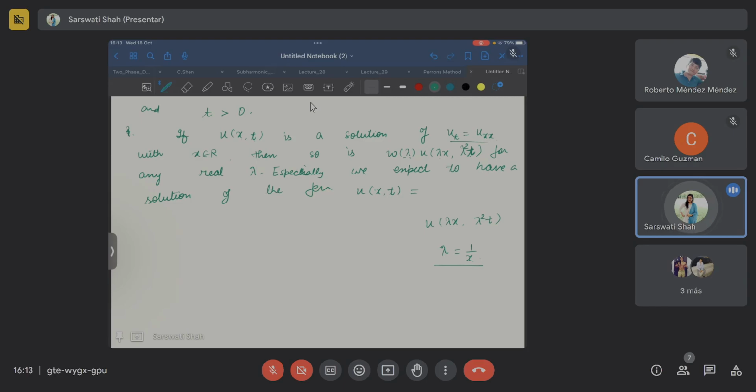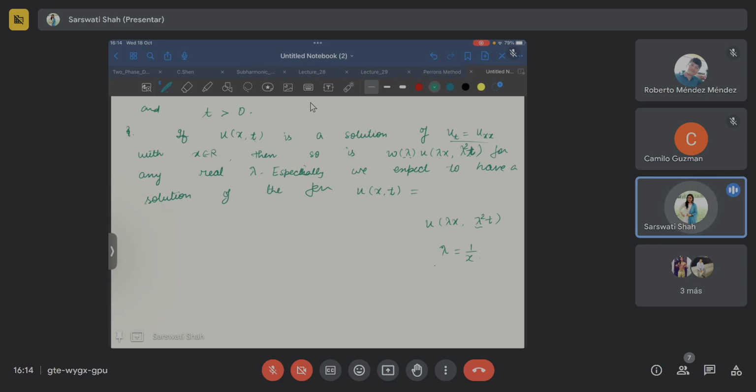Or you can say that if I replace lambda with 1 over square root of t, in any case what will happen?